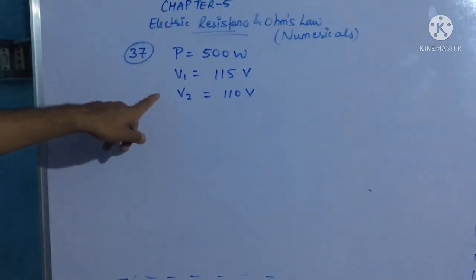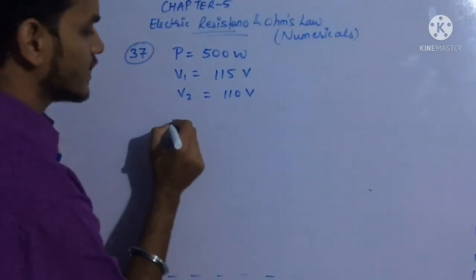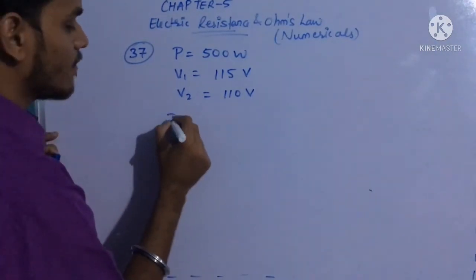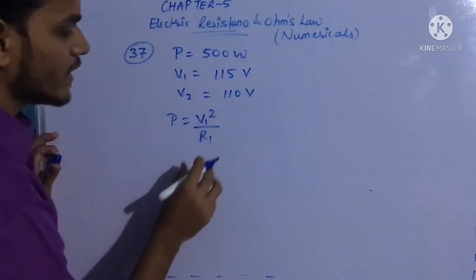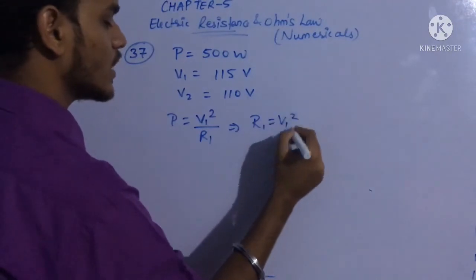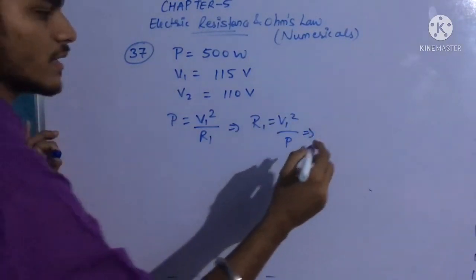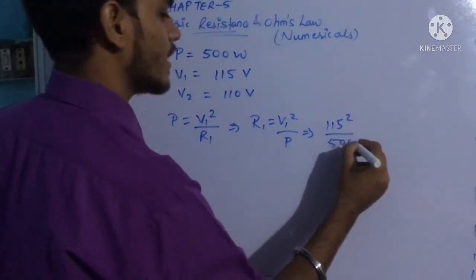We have two voltages given and one power given, so we will first find the resistance in each case. We have the formula P equals V square upon R. So R1 equals V1 square upon P, which is 115 square upon 500.